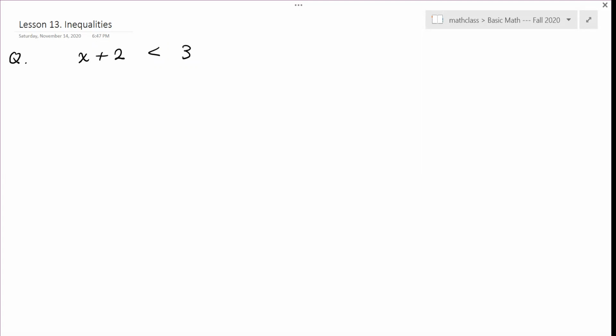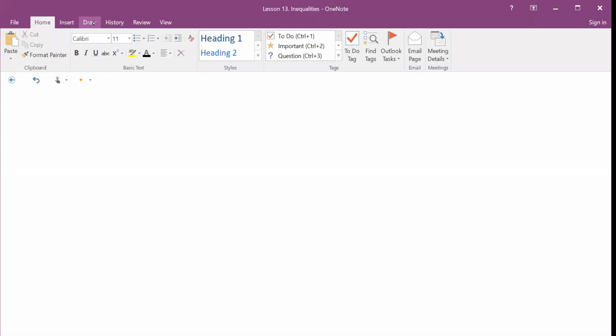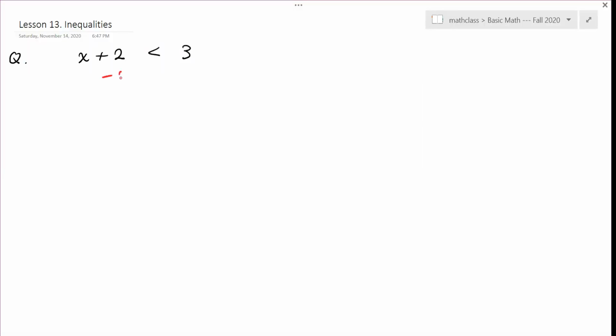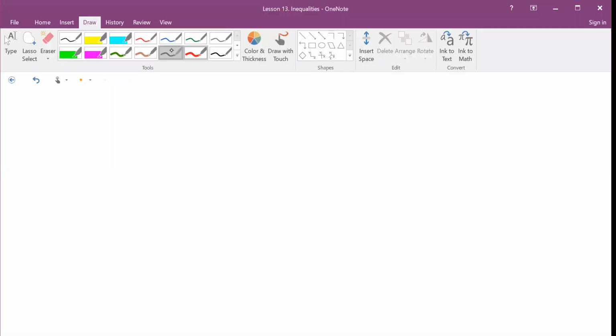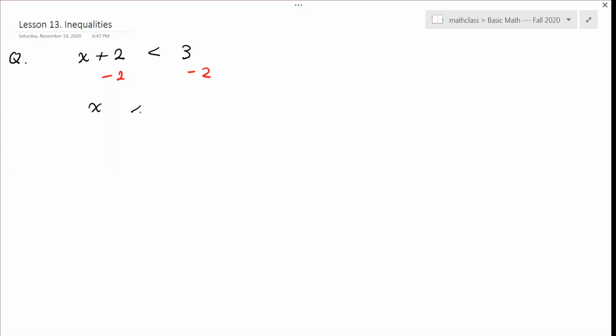So what we're going to do is subtract a constant, like 2, from both sides. We're not going to change the inequality. If you subtract the same number from both sides, you're not going to change the direction of the inequality. So you get an equivalent inequality. This is just x. Here's 3 minus 2, which is just 1. So that will be the answer.